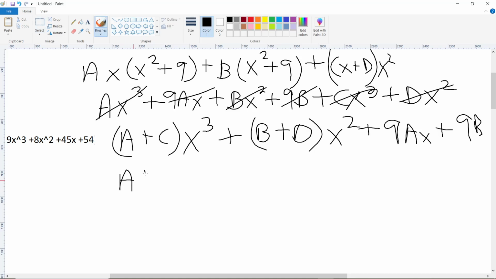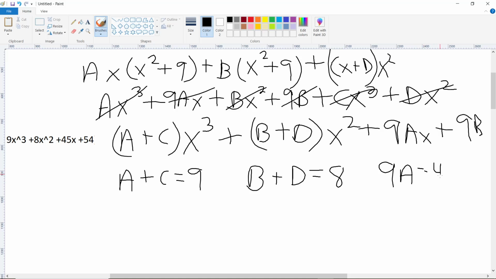So A plus C equals 9. B plus D has to be the coefficient in front of x squared, which is 8. B plus D equals 8. 9A has to be 45, the number in front of x. And then 9B has to equal 54, the constant.